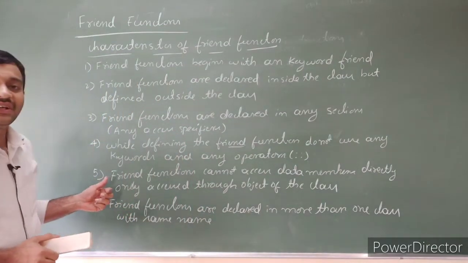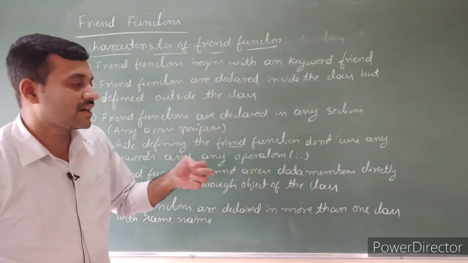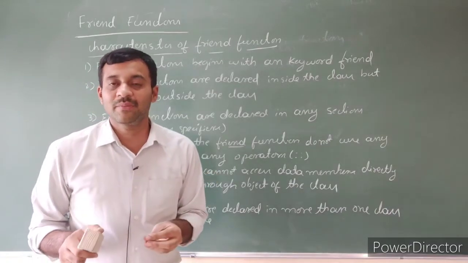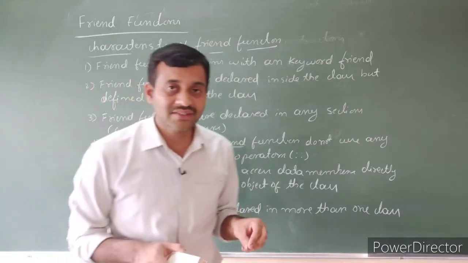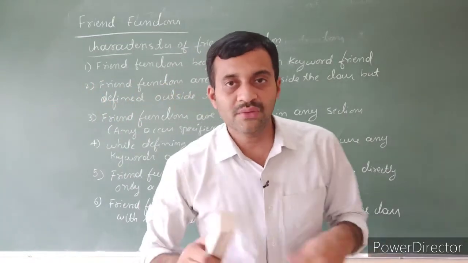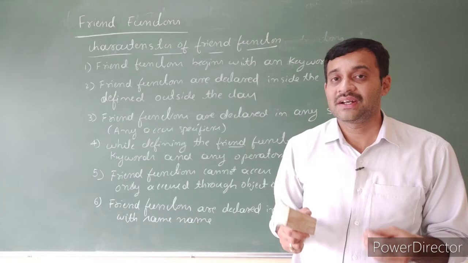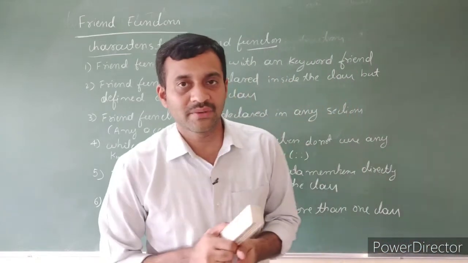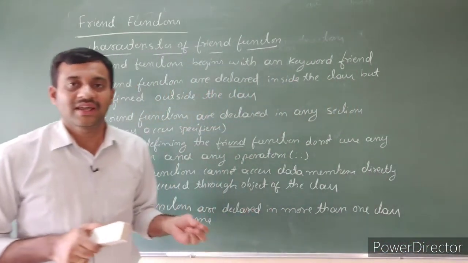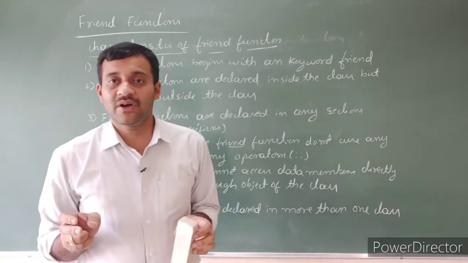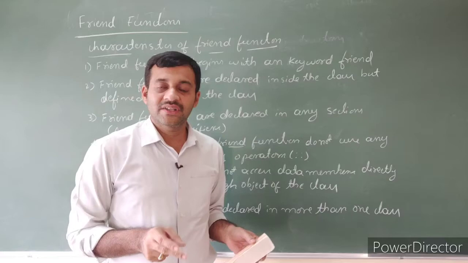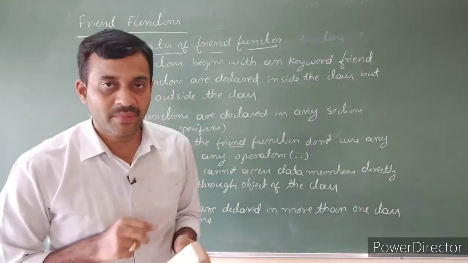Then the fifth one: friend functions cannot access data members directly. It can access the data members from more than one class, even if the data members are in the private, public or protected section, but it cannot access them directly. With the help of an object, the friend function can access the data members.